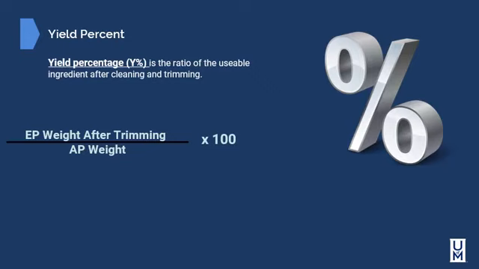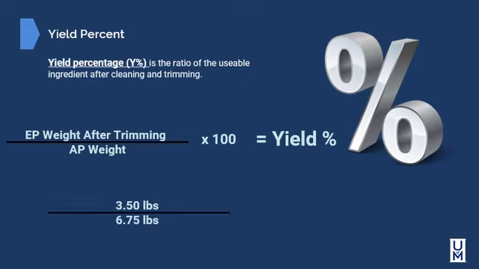We multiply that times 100, and that gives us our yield percent. So let's look at the example we had noted earlier: 3.5 pounds of usable primary trim divided by our original weight of 6.75 pounds, multiplied by 100, gives us 51.85%, or 52%.